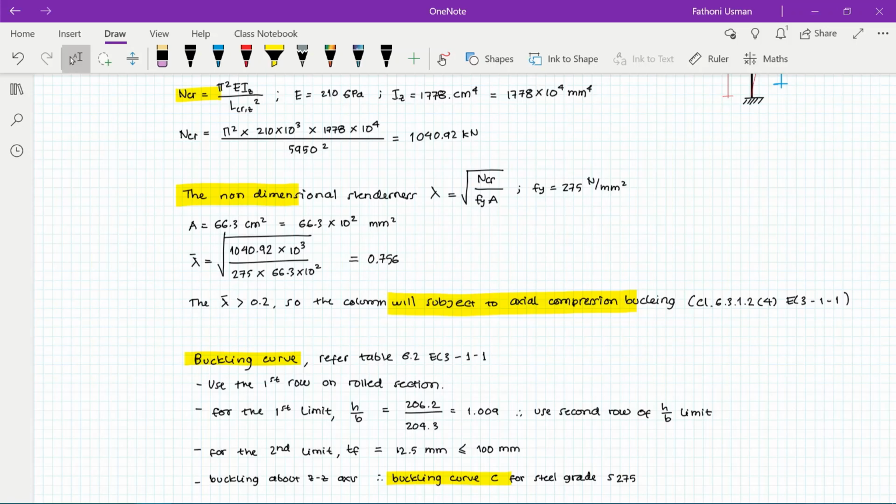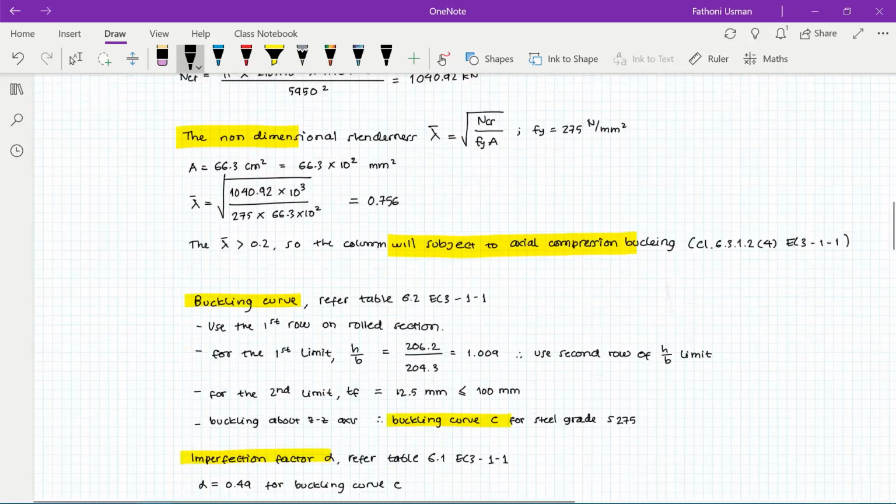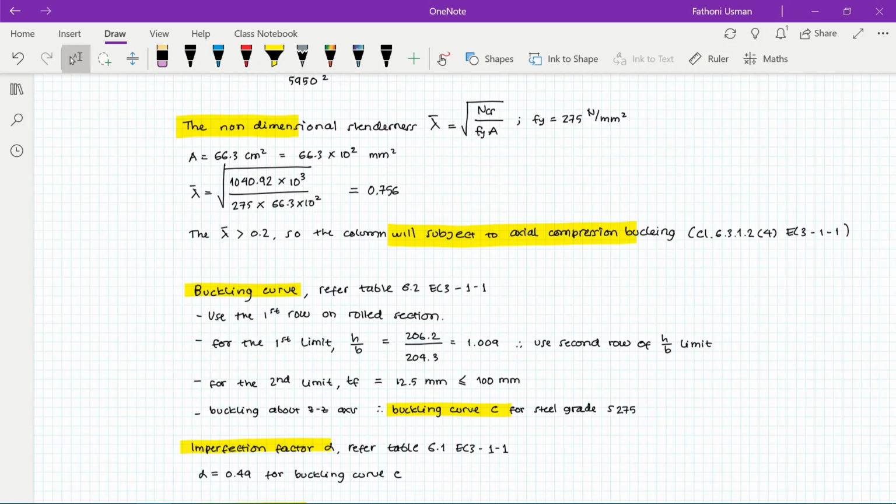So just fit into this expression. So we get the lambda bar is equal to 0.756, and the lambda bar is bigger than 0.2. So the column will be subject to axial compression buckling. So it is stated in clause 6.3.1.2 in bracket number 4, Eurocode 3 part 1-1.